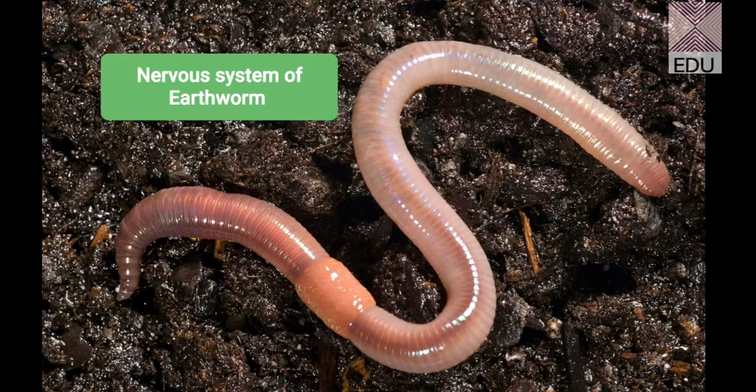Now students, the central nervous system of earthworm consists of two major things. Number one, it is the nerve ring, and second part is the ventral nerve cord. In the coming diagram we will be seeing this ring and the cord.